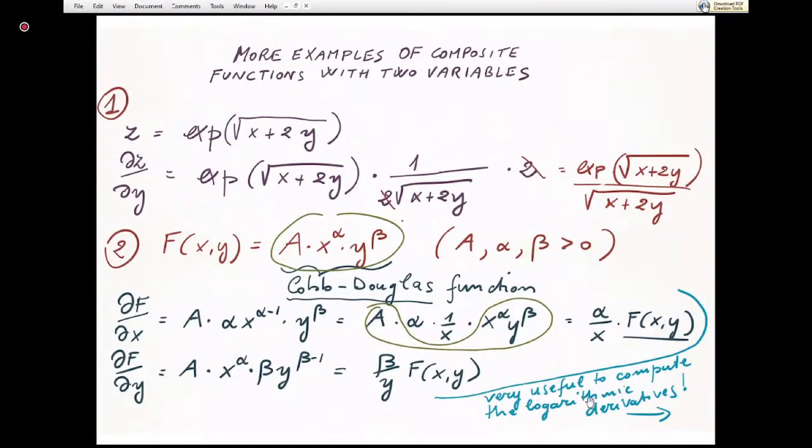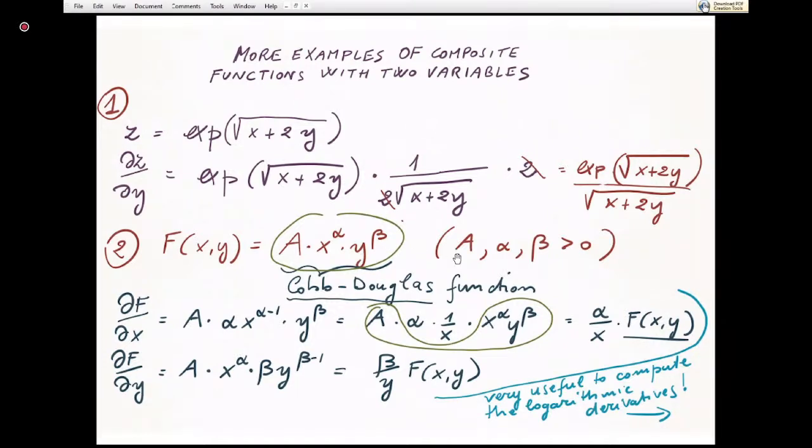And these two expressions that relate each of the partial derivatives to the level of the function are very useful, one, to compute the logarithmic derivatives, two, to solve problems of maximizing the output or maximizing the utility subject to a budget constraint, okay?